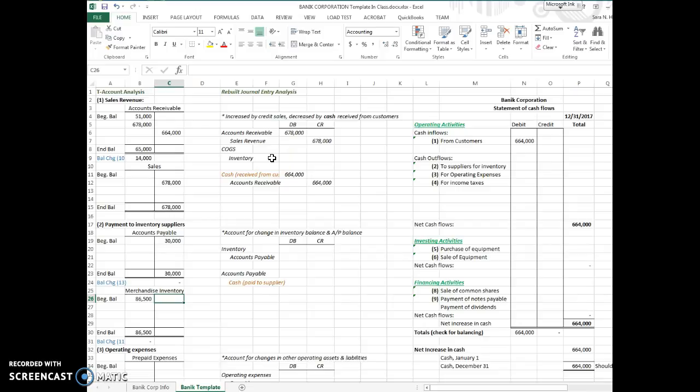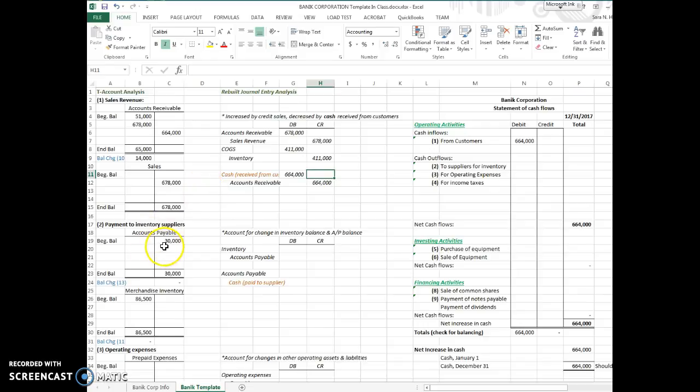So looking at our income statement, we see that our cost of goods sold was $411,000. So that will translate as a debit to cost of goods sold and a credit to inventory. What I'm interested in here is this credit to inventory.